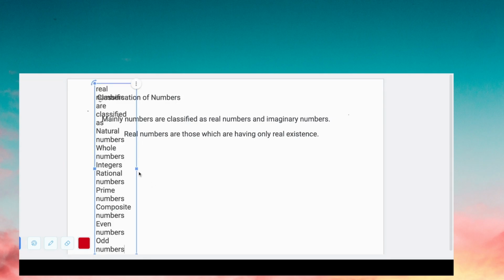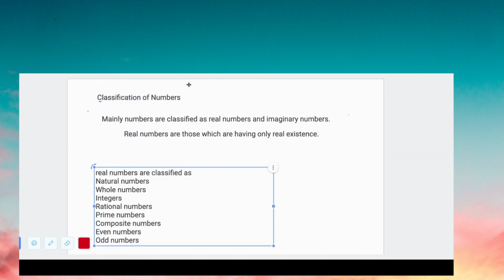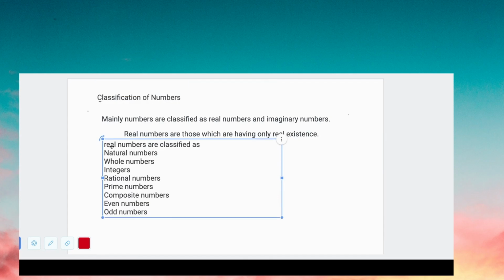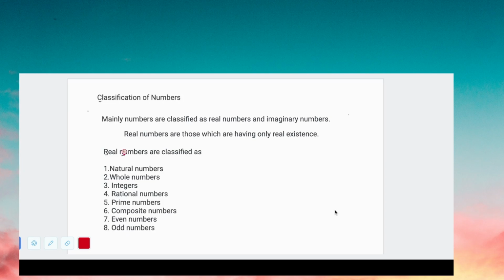Real numbers are classified as natural numbers, whole numbers, integers, rational numbers, prime numbers, composite numbers, even numbers, odd numbers.